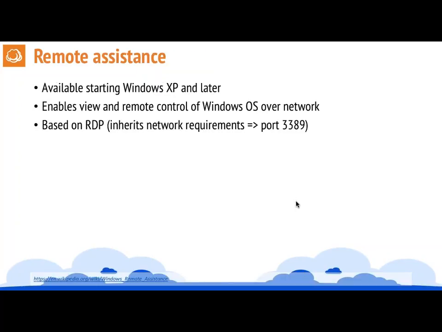The other one is remote assistance, right? It's available starting with Windows XP, well, actually more than 10 years, I believe. What it gives us as a computer administrator is the ability to assist our user, who is on the other side. So basically, we don't have to use RDP. I mean, remote assistance is actually based on RDP, on the remote protocol.